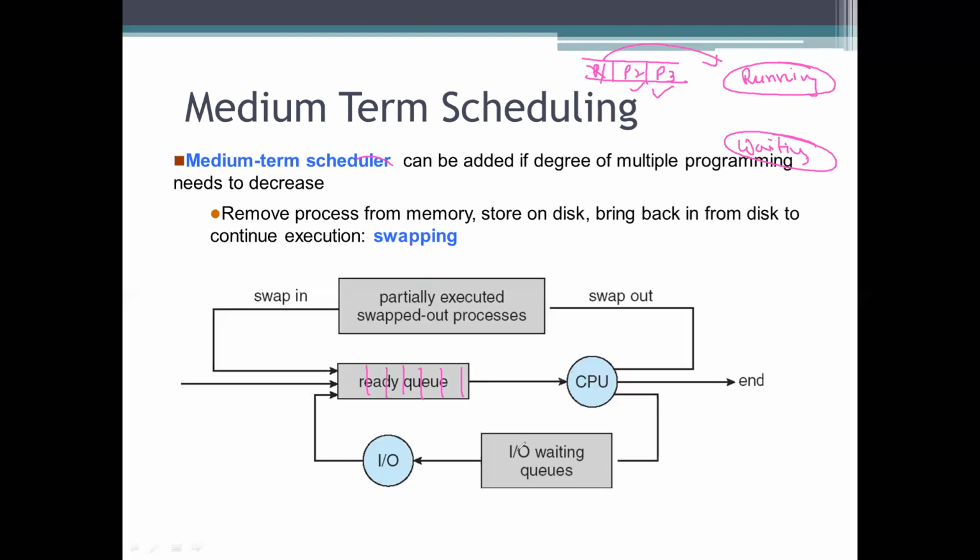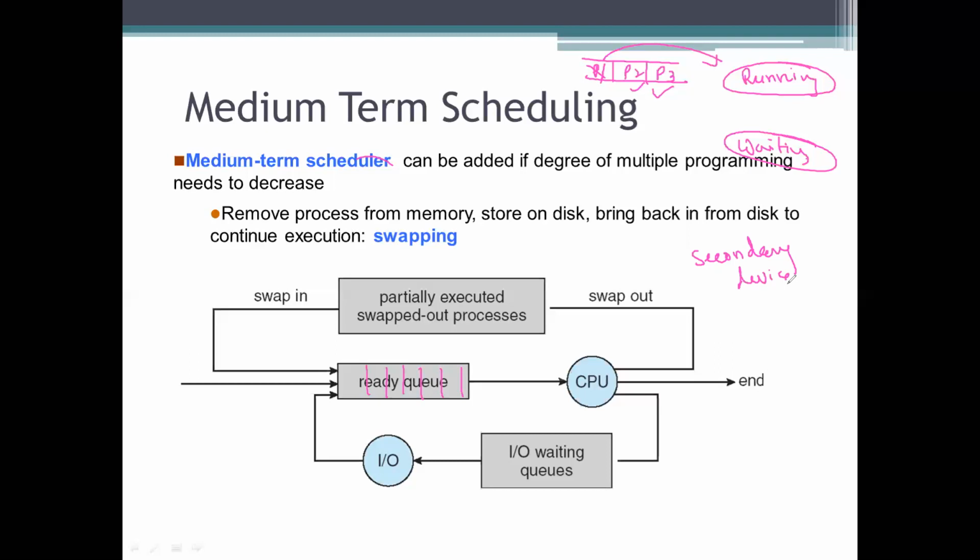If a process, or most of the processes, are CPU bound, then what happens? It will send some processes to the backing store. Backing store means secondary device. So it will send some processes to the secondary device and try to insert more IO oriented, IO bound processes into the ready queue.